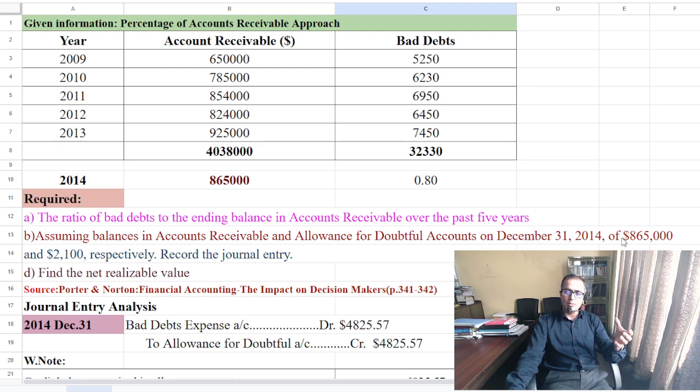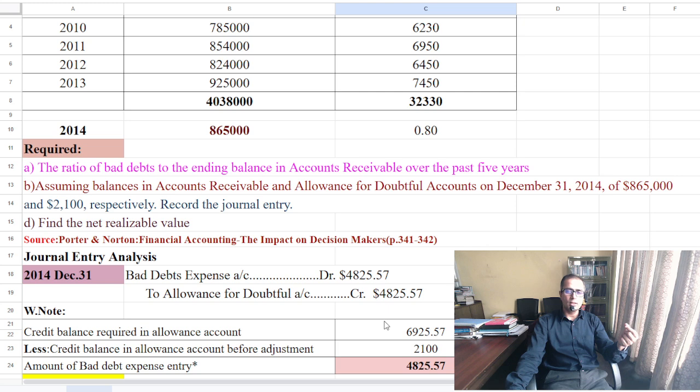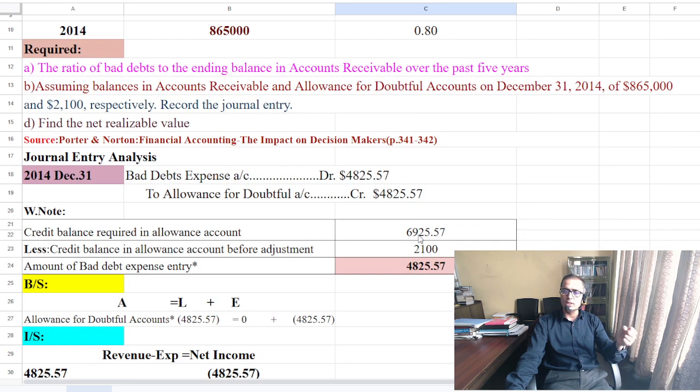Then as per the given information, we have 865,000 as our receivable. Now I would use this ratio to find this value, and this value would be 6,925. Now, the credit balance would be the case when we overestimate the probable bad debt. In that case we would have a credit balance.